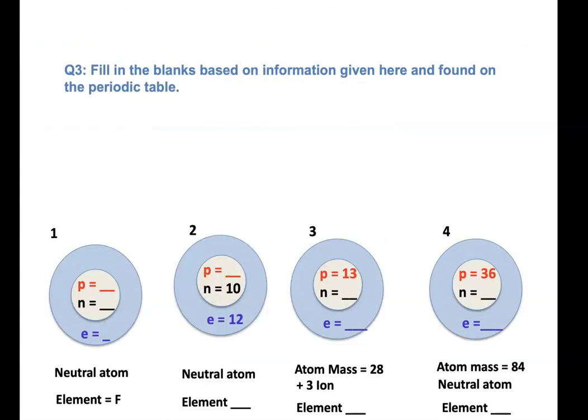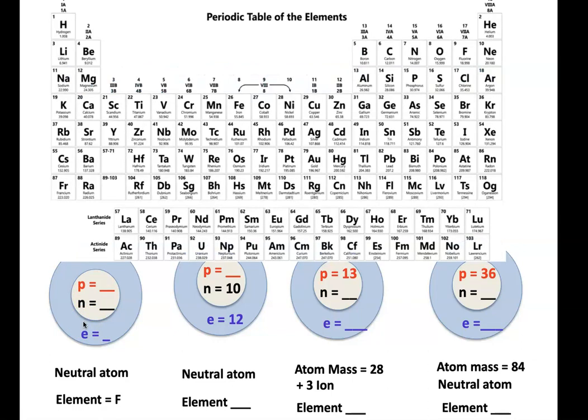Let's try a new question. Fill in the blanks based on the information given here and found on the periodic table. So in the first atom, you're given none of the protons, neutrons or electrons, but you are told it is neutral and it's fluorine. So you're going to look in the periodic table and find where the element fluorine is.